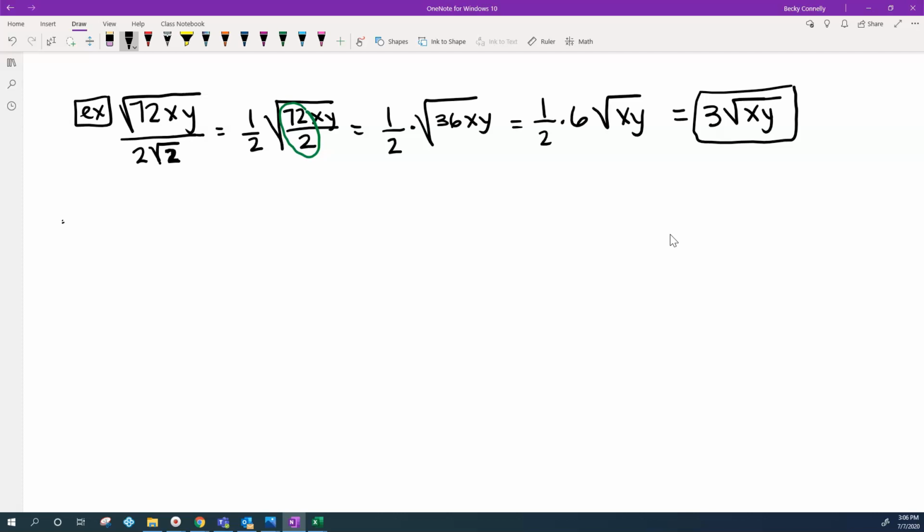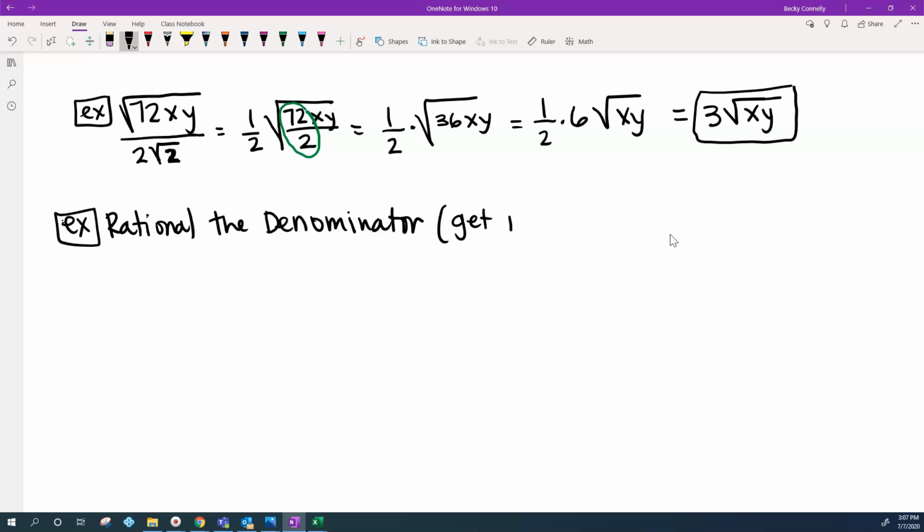So if it says rationalize the denominator, first of all, let's make sure that we understand what these directions are saying, because you're going to see these directions a lot. If it asks you to rationalize the denominator, that means that you are getting rid of any roots in the denominator.